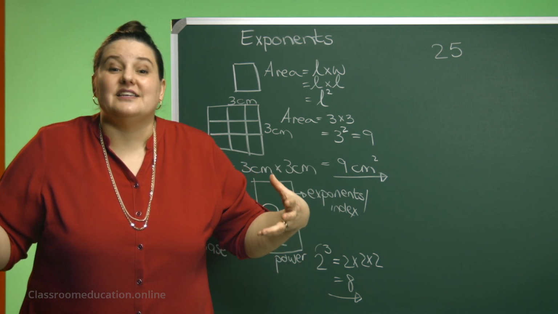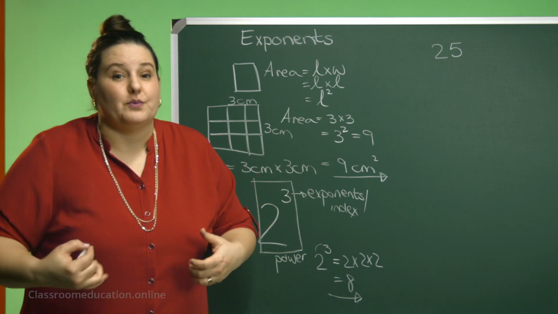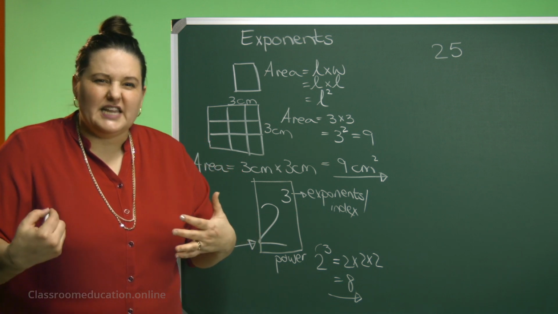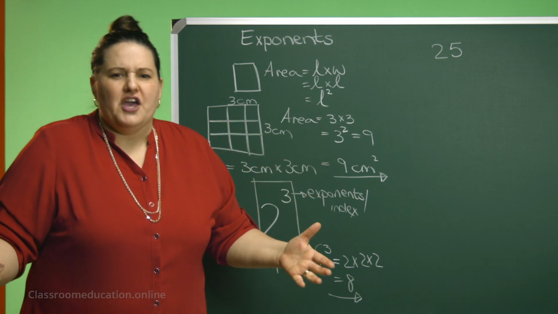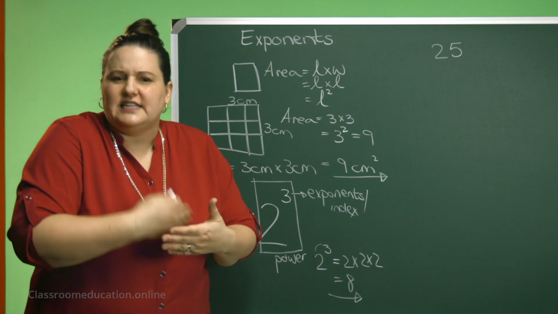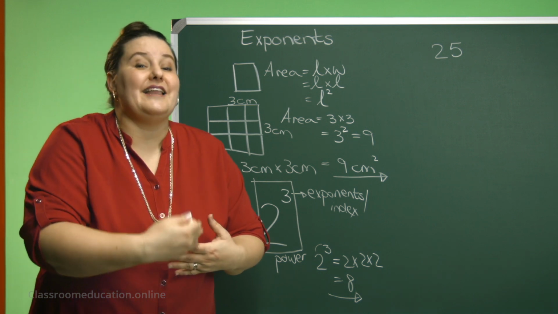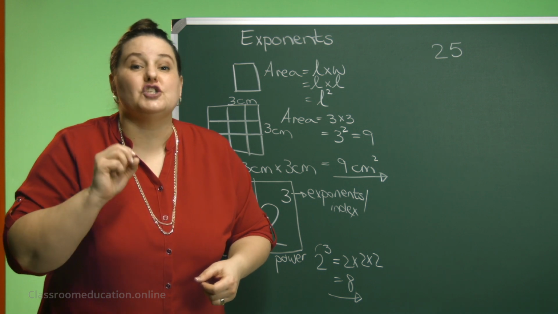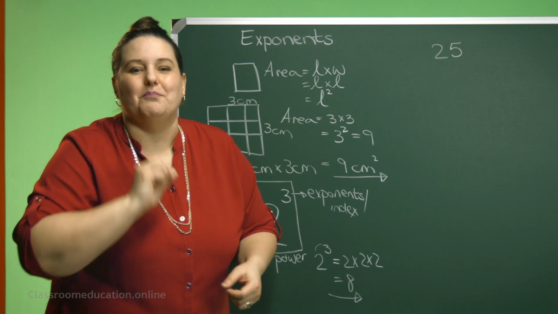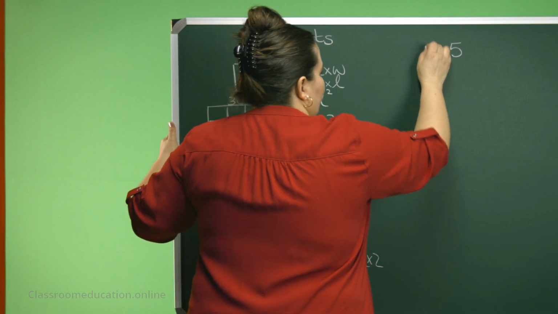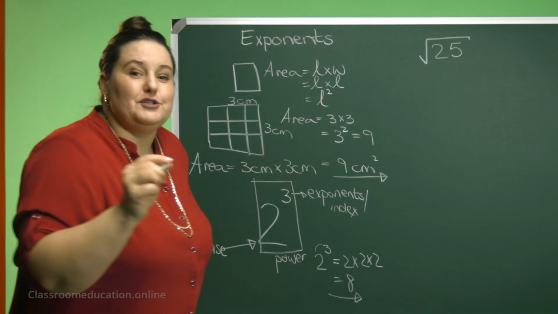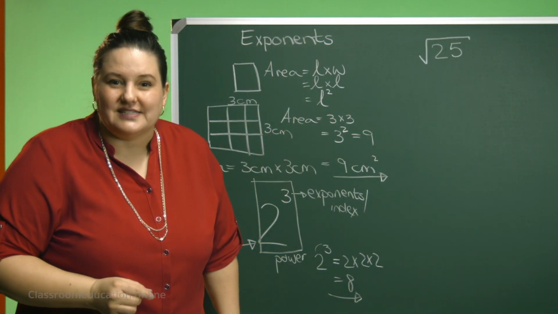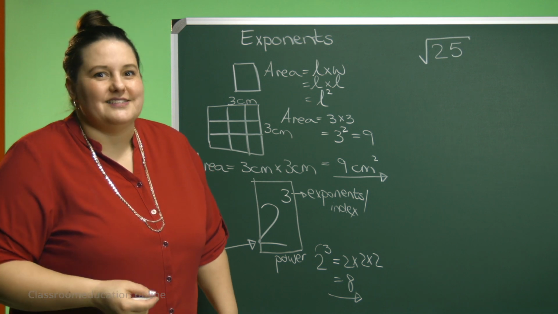Now, boys and girls, what did we do? There's actually a symbol that we use for this. If I'm telling you that you have a big square that consists of 25 little squares, what is the length of a side? We can write the square root symbol. I'm sure that you have seen that previously. Well, it's on your calculators as well.